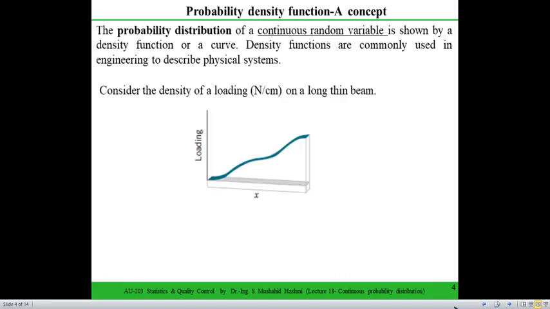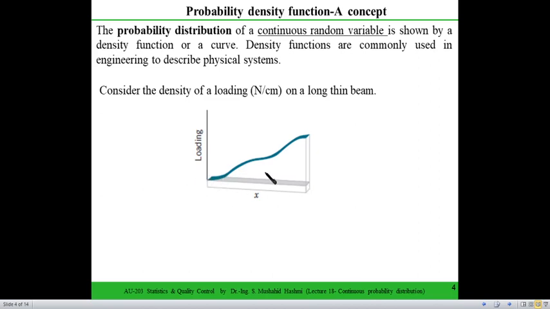For example, let's say there is a beam, and we are interested in knowing the loading per unit length, how much force is acting on the beam per unit length of the beam. Once x is close to 0, the loading is 0.